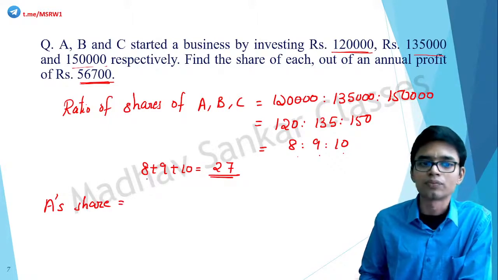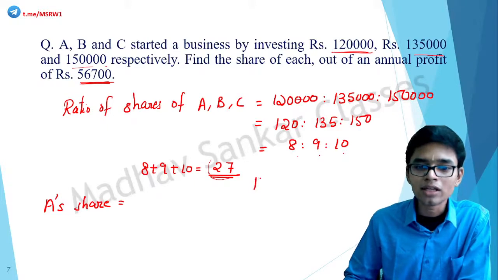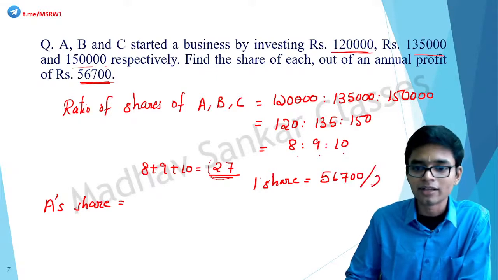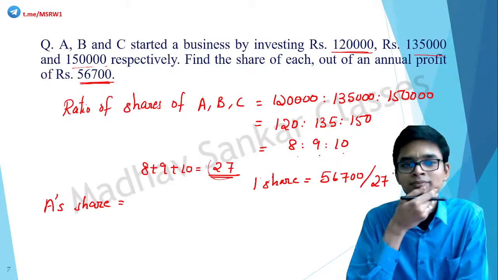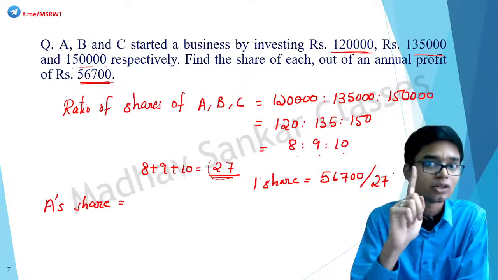So since there are 27 total number of shares, what will be the value of one share? Value of one share is equal to 56,700 divided by 27. Correct? Total amount of rupees divided by number of shares. That will give you the value of one share.